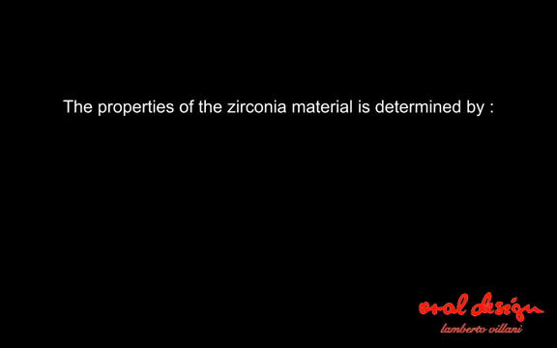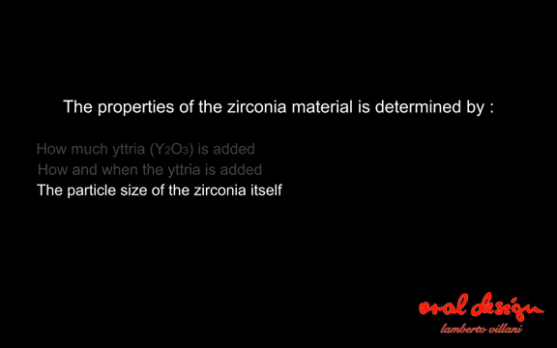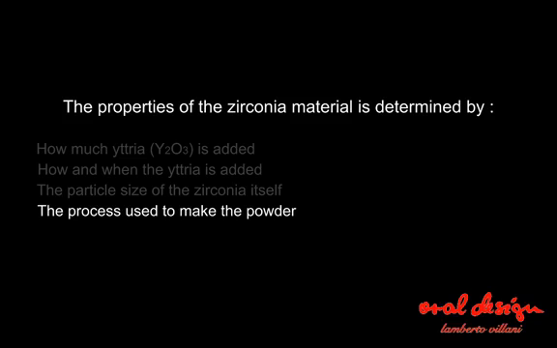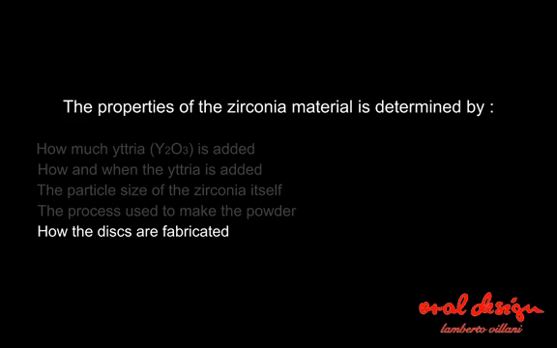The properties of the zirconia material are determined by how much yttria is added, how and when the yttrium is added, the particle size, the grain of the zirconia itself, the process used to make the powder, and how the discs are fabricated.